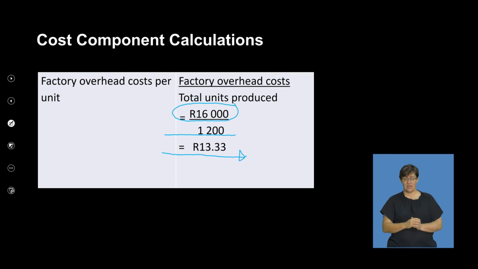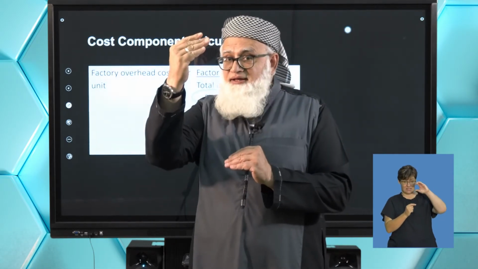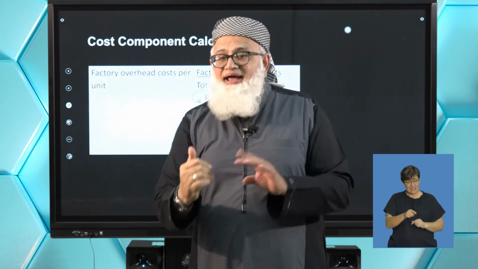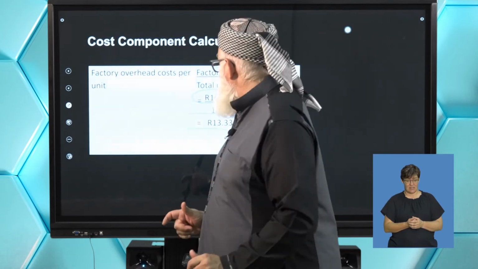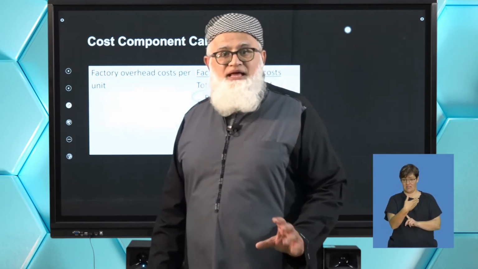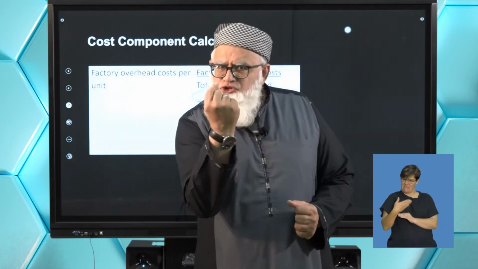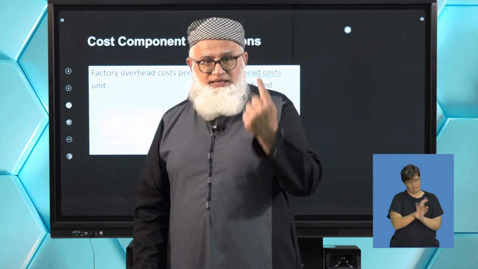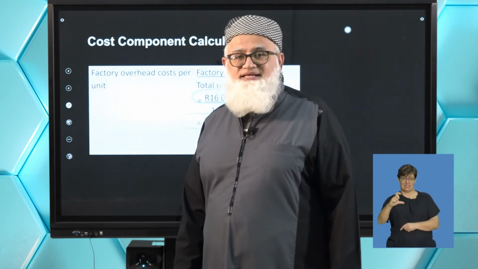So what are you doing? You're taking your factory overheads cost as your numerator, dividing it by the number of units that you have produced, and that will give you your factory overhead cost per unit. In other words, if you are asked how much of factory overheads went into one unit, into one flag, you can clearly see your answer is 13 Rand and 33 cents.